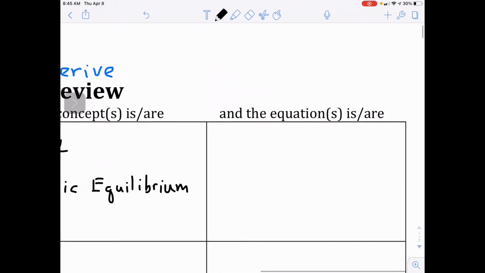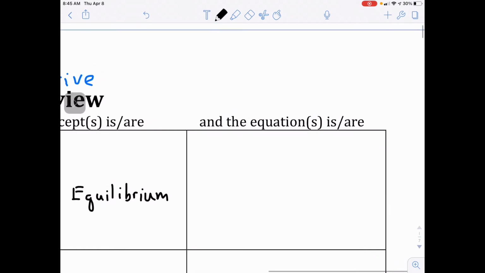And the formulas that go with that, well, the main formula is that the net force acting on the system is zero, or simply put, forces up equal forces down. Now, this is the main equation you need to know.